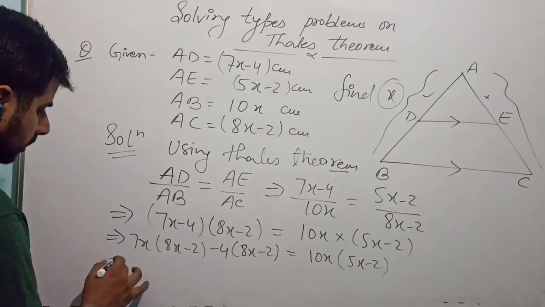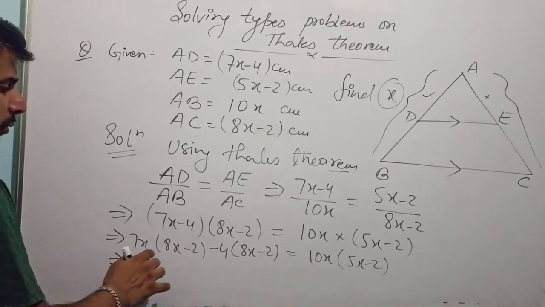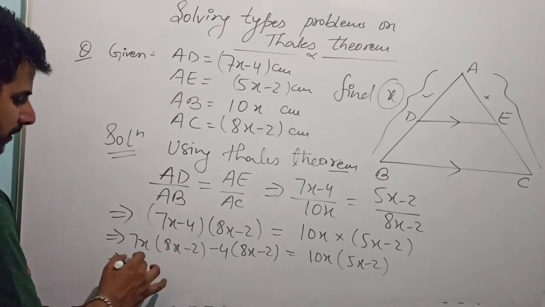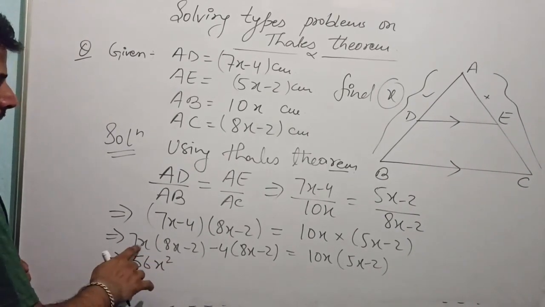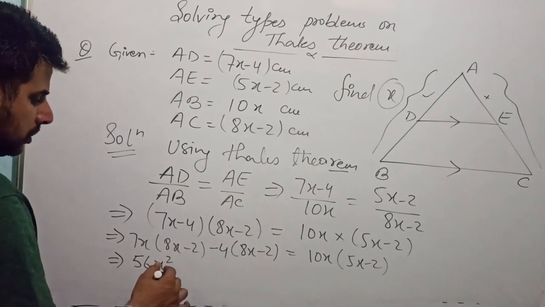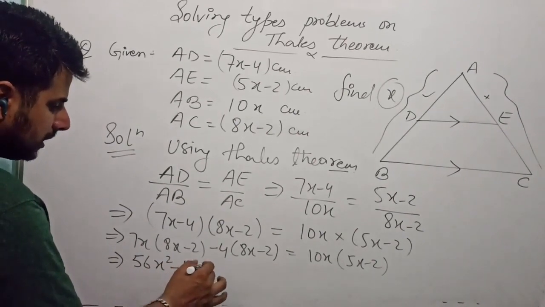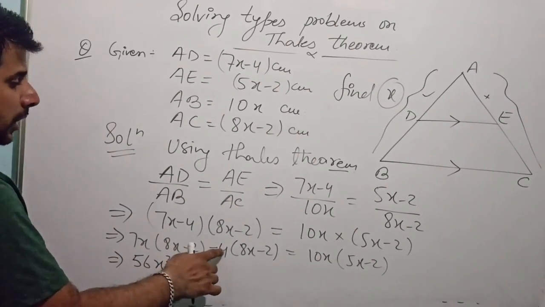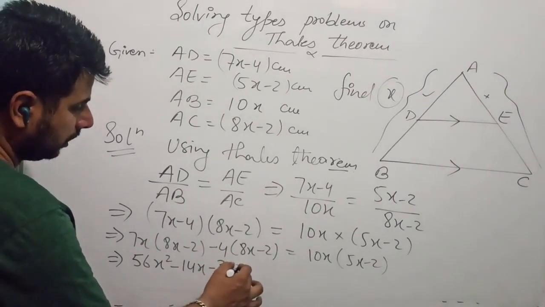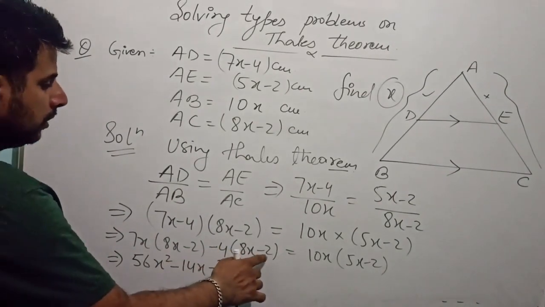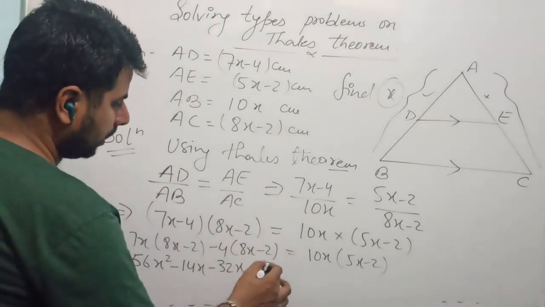Now do the multiplication. 7x into 8x, 7 into 8, that is 56. x into x gives x square. Now 7x into minus 2, that is minus 14x. Minus 4 into 8x will give you minus 32x. Minus 4 into minus 2 will give you 8.